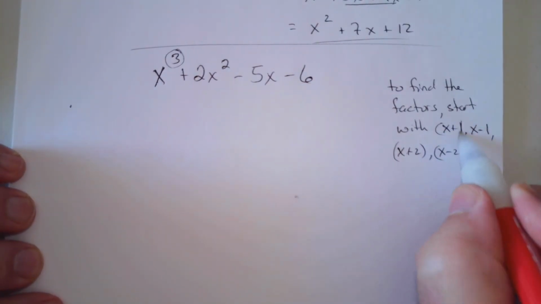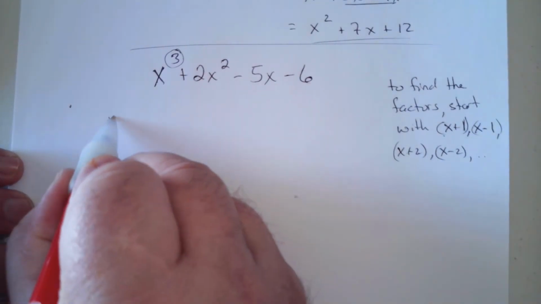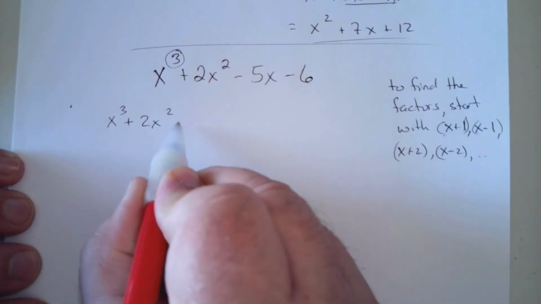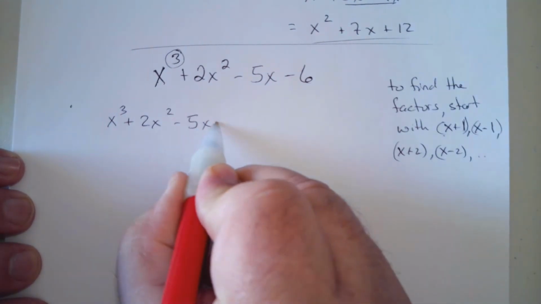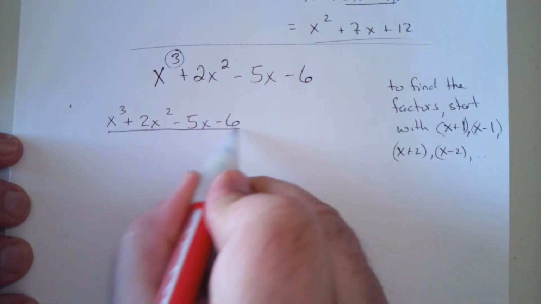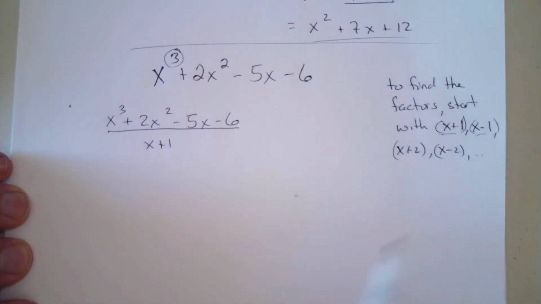So let's try the first one. Take this one, x cubed plus 2x squared minus 5x minus 6. Let's divide it by x plus 1. That's the first. Then we'll try x minus 1.